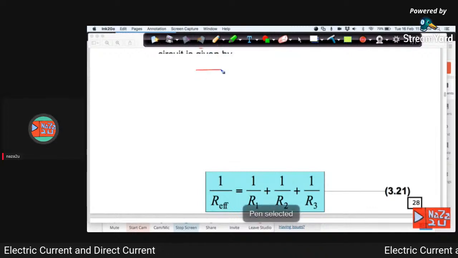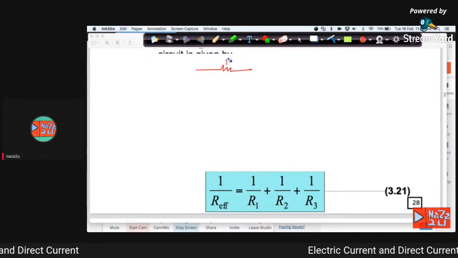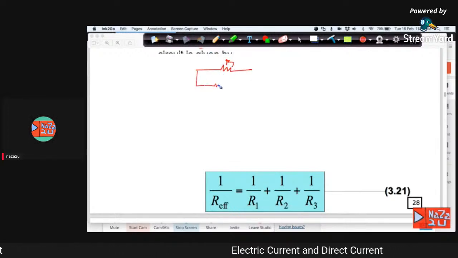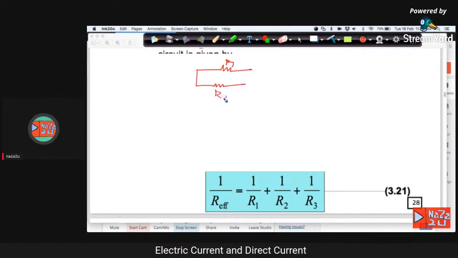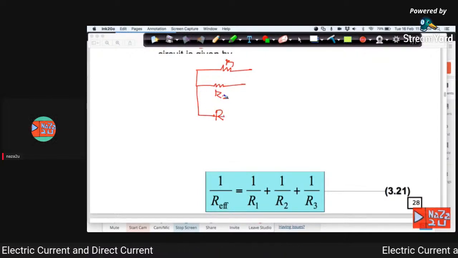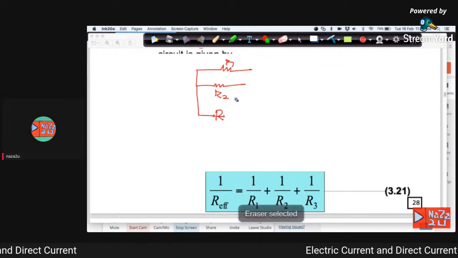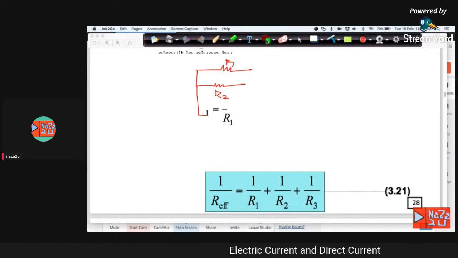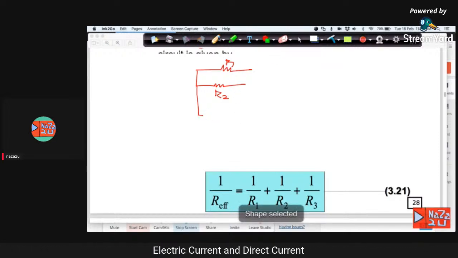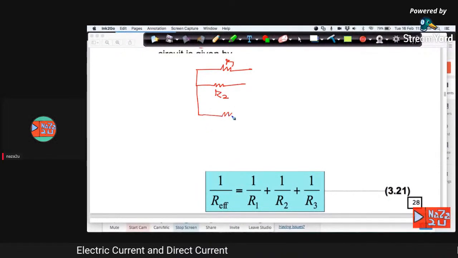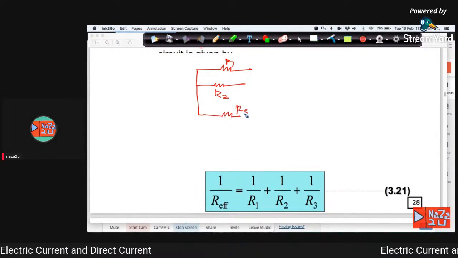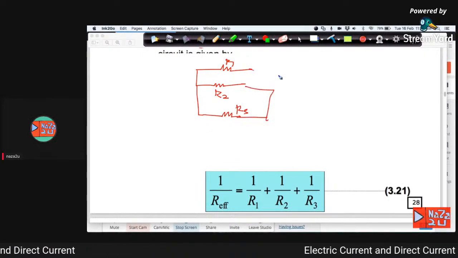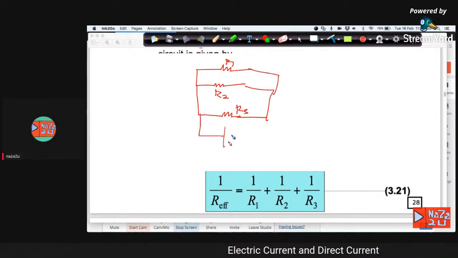So if you have 3 resistor, let's say this is R1, and you have a R2, and we have another resistor, let's say, here, R3, connected to the battery board.